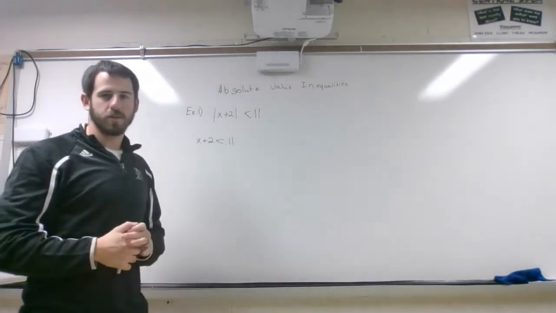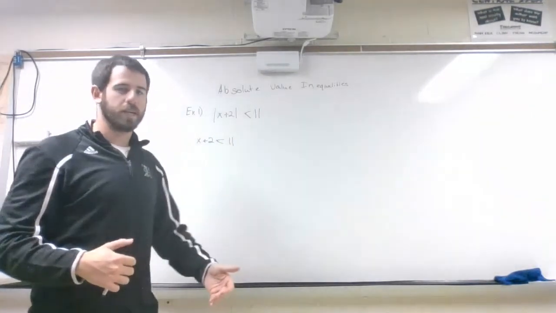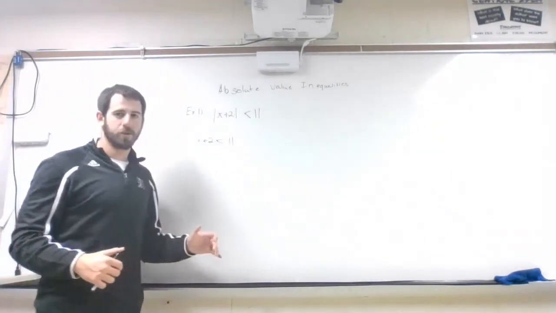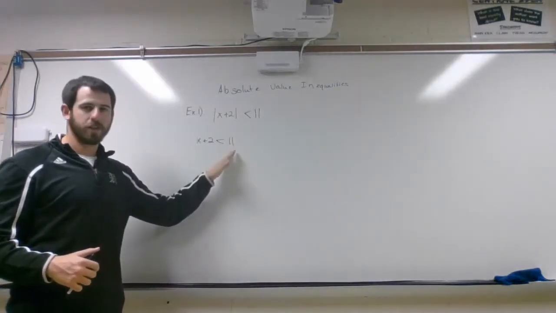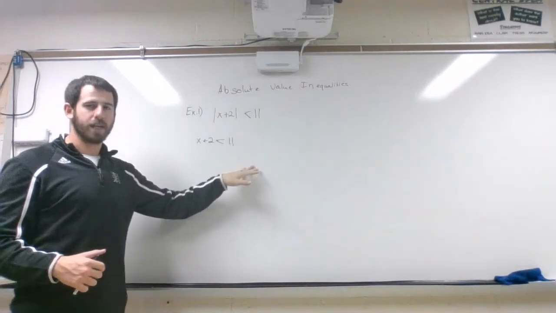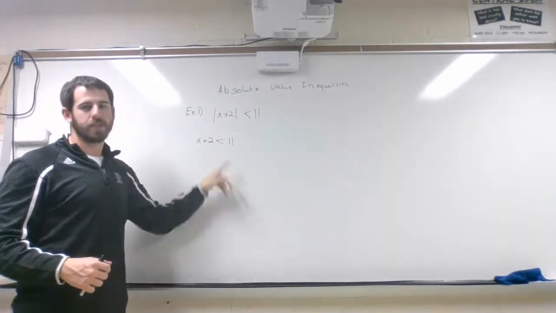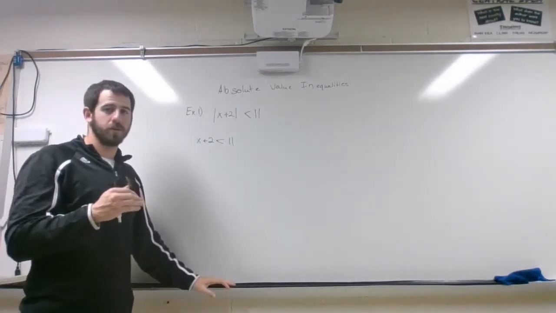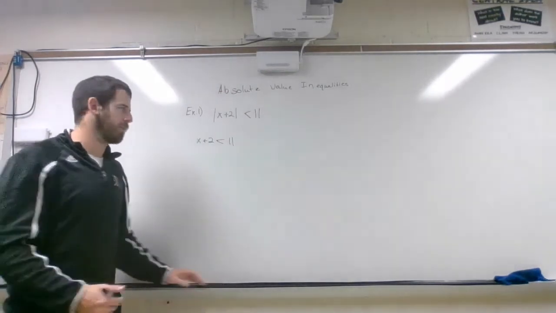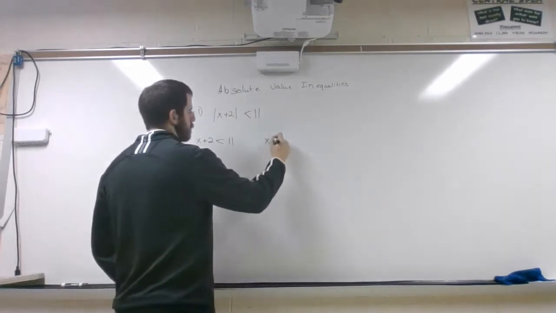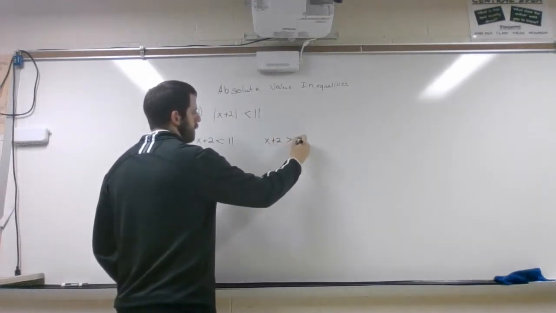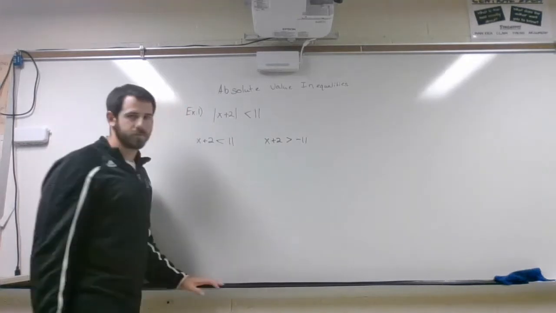That's our one inequality. Now we need a second one. Same concept from equations: we change our number to a negative, but we also change the inequality sign. This is based off of what we talked about regarding the reason you have to flip the sign to begin with. So we have x plus 2 is now greater than negative 11.